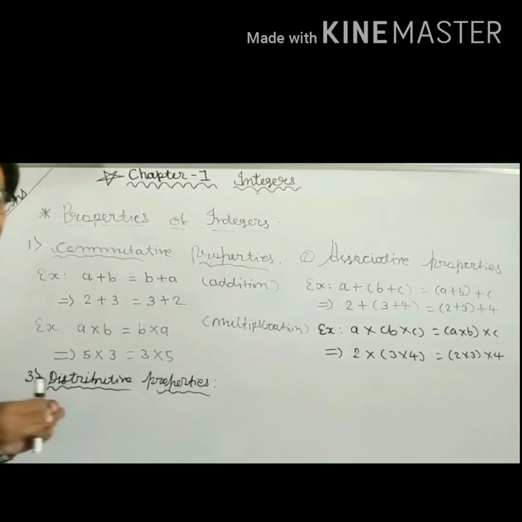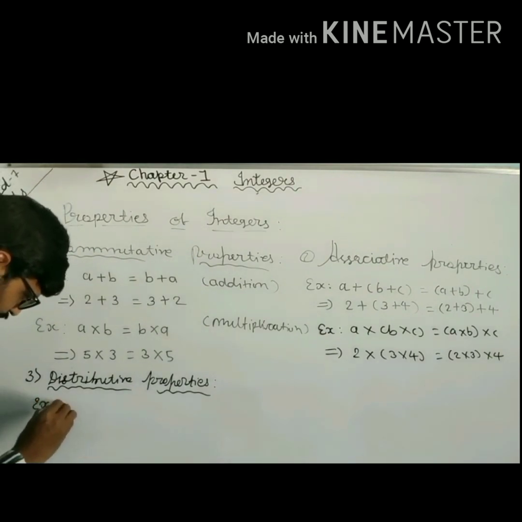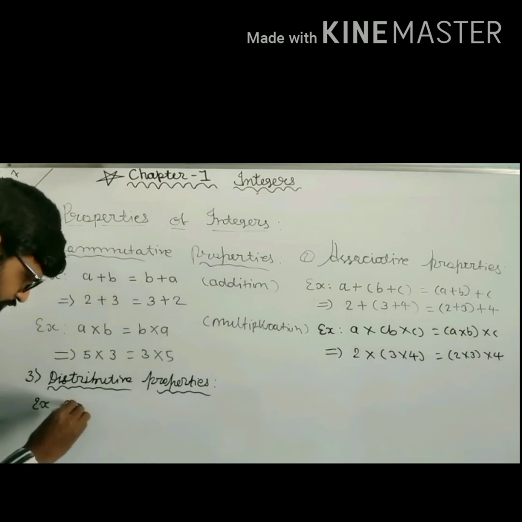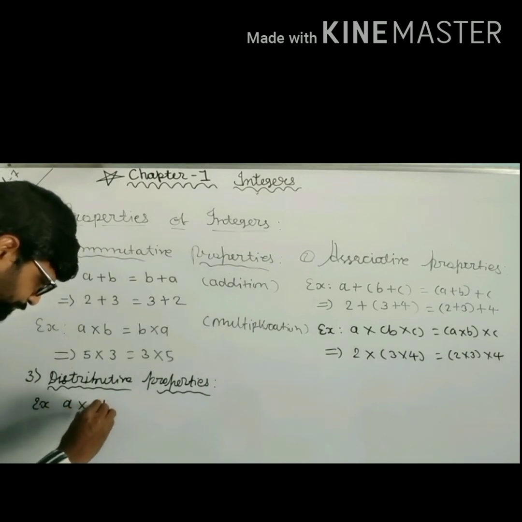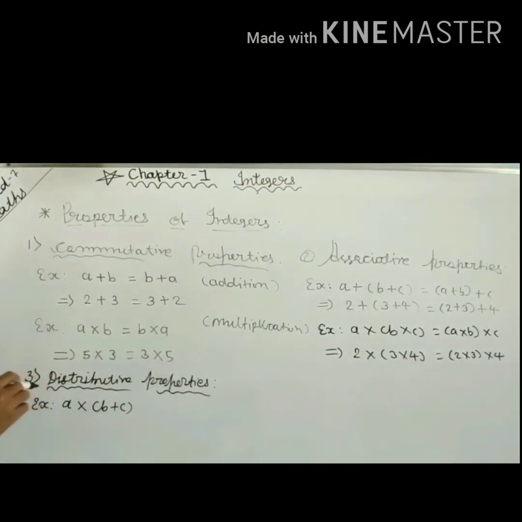Distributive property means distribute the number or integer. Let's see how it will be distributed. Suppose the example a multiply b plus c. This is the example of distributive property.